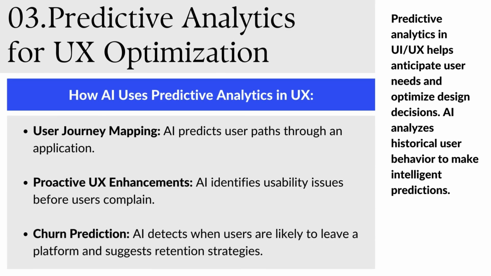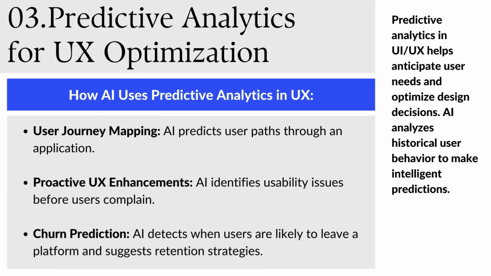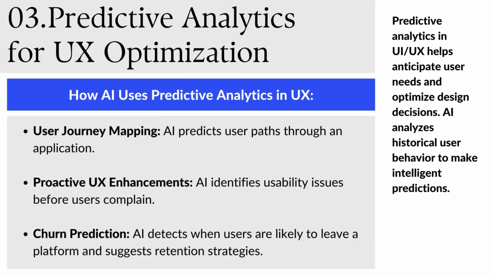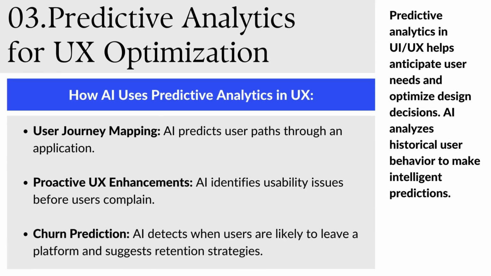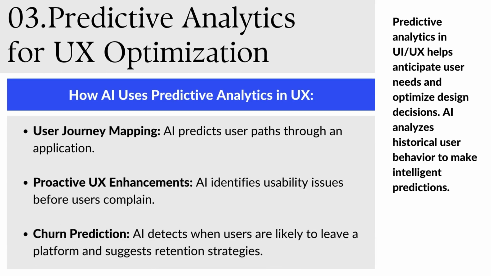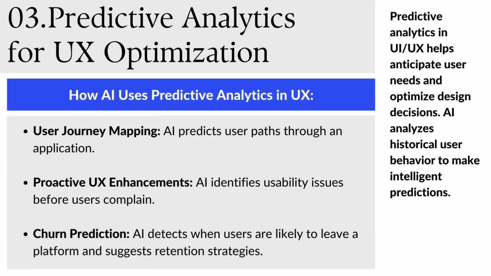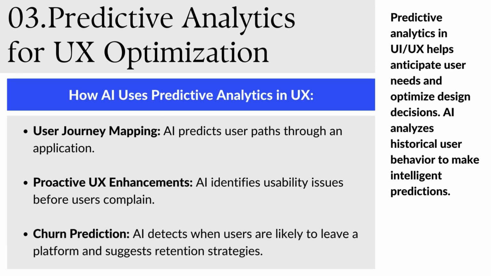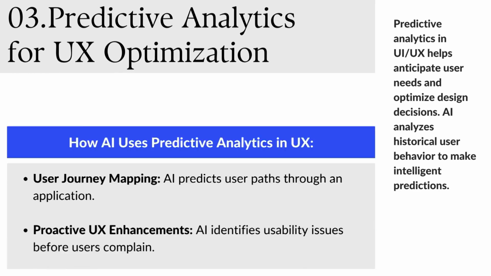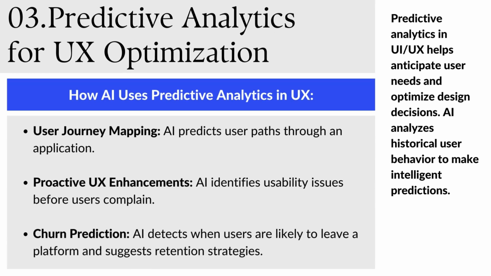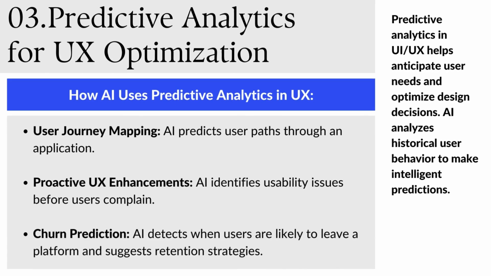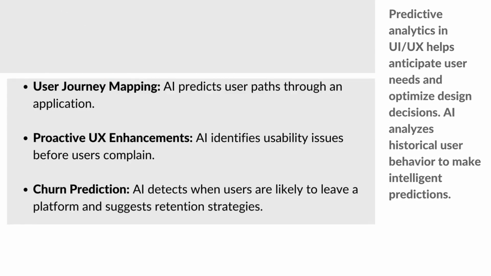First on our list, we have what we call user journey mapping. With this, AI predicts user paths through an application. Next is what we call proactive UX enhancement. With this, AI understands and identifies usability issues before users begin to complain.